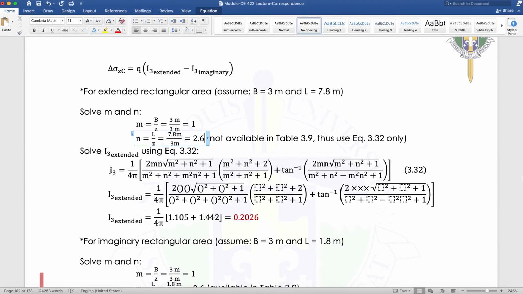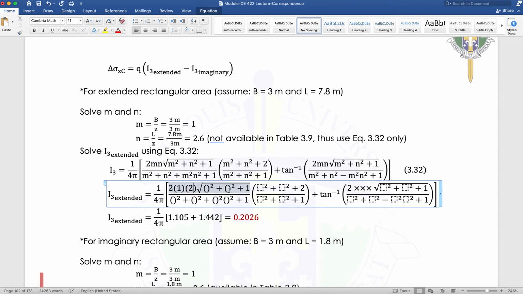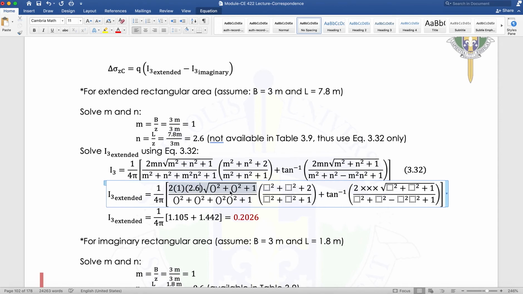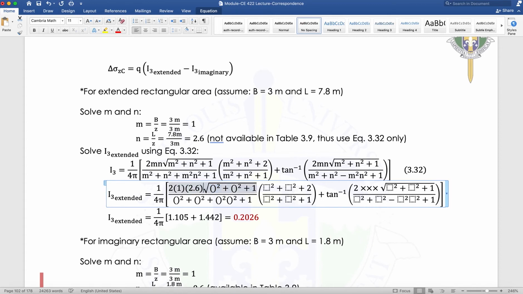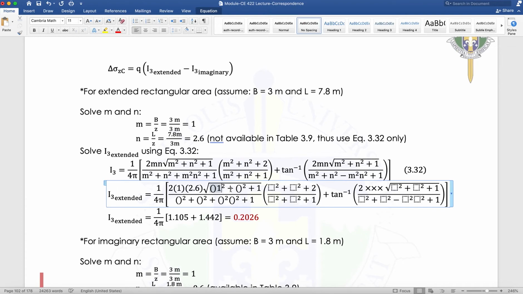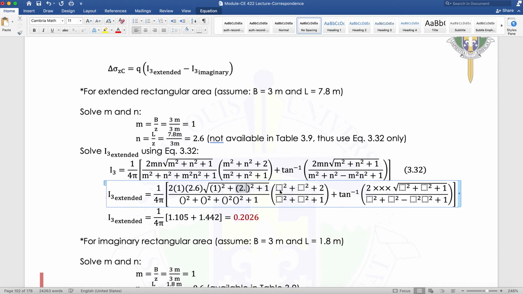So, we have here our working equation for the extended. So, ang M natin is 1, ang N natin is 2.6. So, we have 1, tapos 2.6, then we have 1. So dito 1, (2.6).